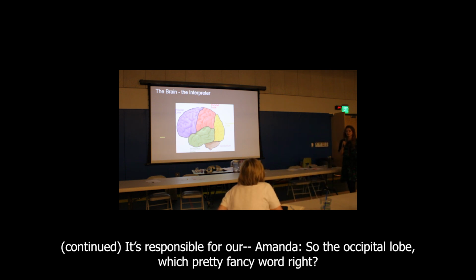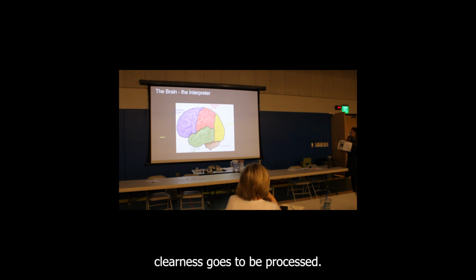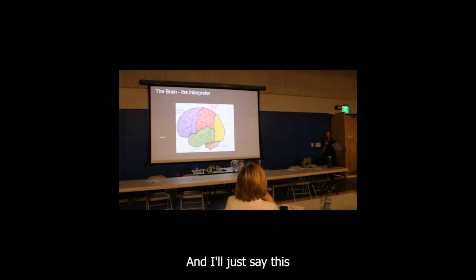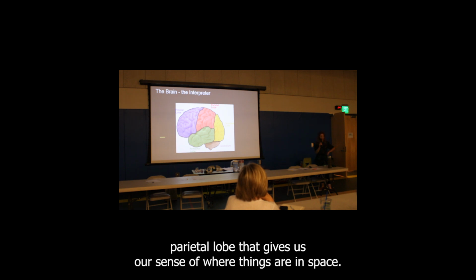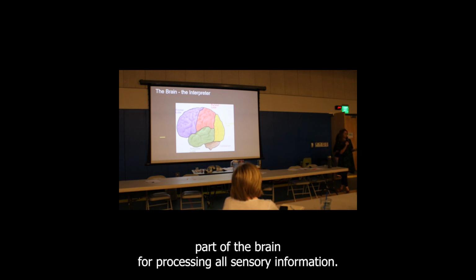So the occipital lobe, which is a pretty fancy word, right? But that is where that raw information about color, clearness goes to be processed. And I'll just say this, the parietal lobe gives us our sense of where things are in space, and that's actually our specialized part of the brain for processing all sensory information.